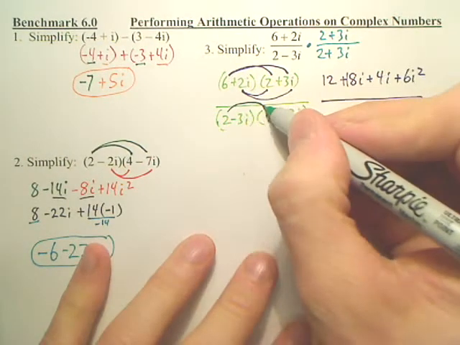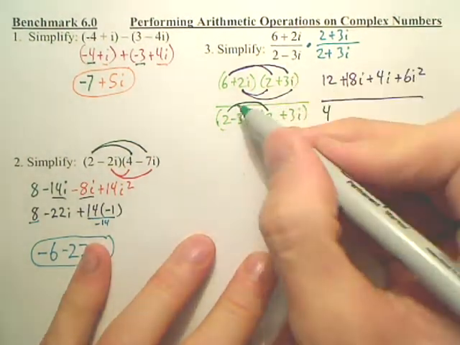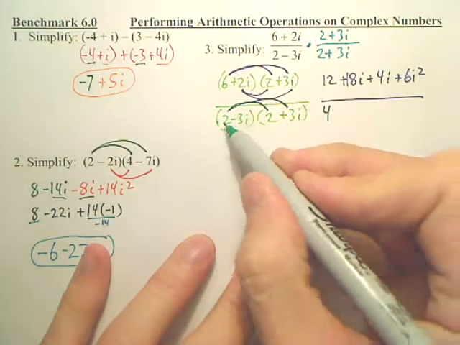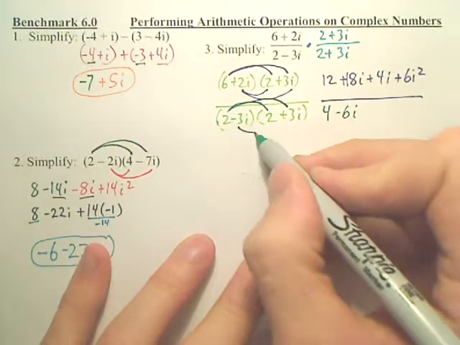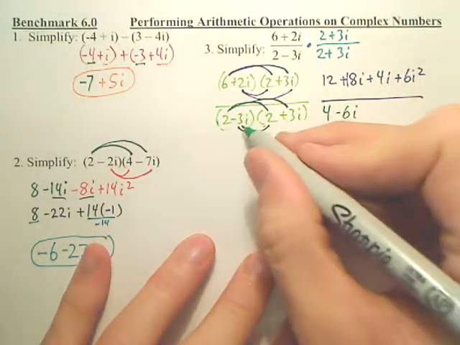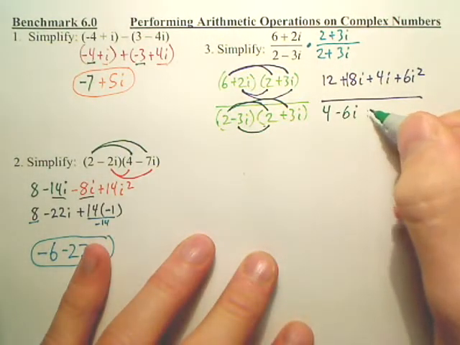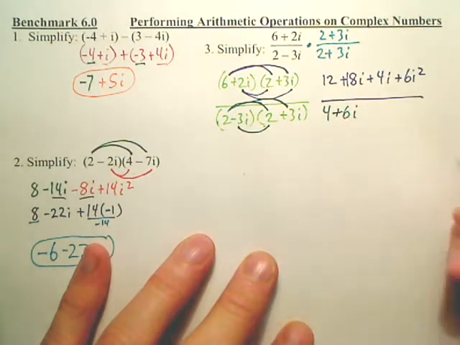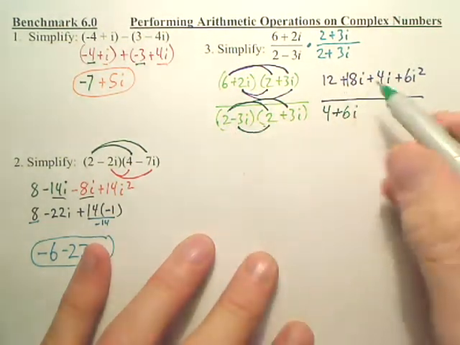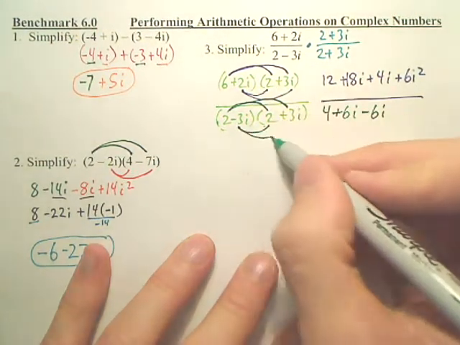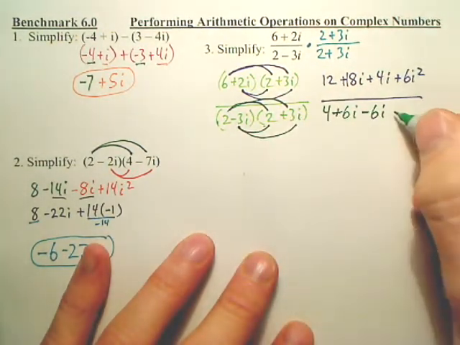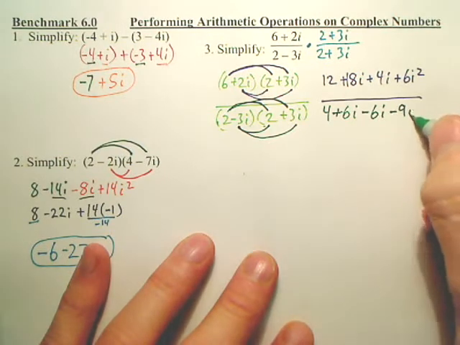Here we have 2 times 2, which is 4. We have 2 times 3i, which is negative 6i. We have negative 3i times 2 is, oops, that should be a positive 6i, I'm sorry. This times this is negative 6i. And negative 3i times positive 3i is negative 9i squared.